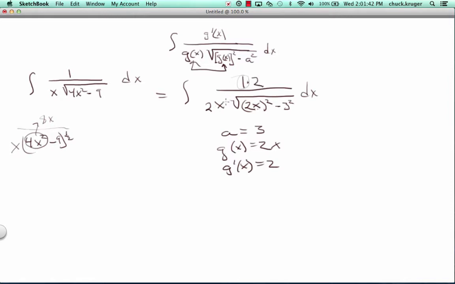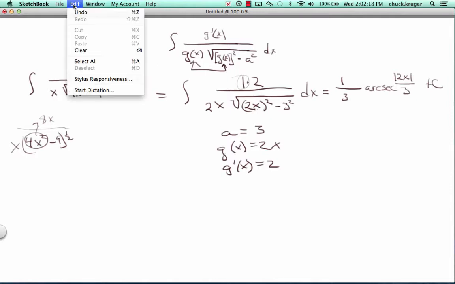So if I continue on with the definition of this integral, it's going to be 1 over a, which in this case is 3, times the arcsecant of the absolute value of g of x, and g of x is 2x, so the absolute value of 2x divided by a, plus c, and that's my antiderivative.